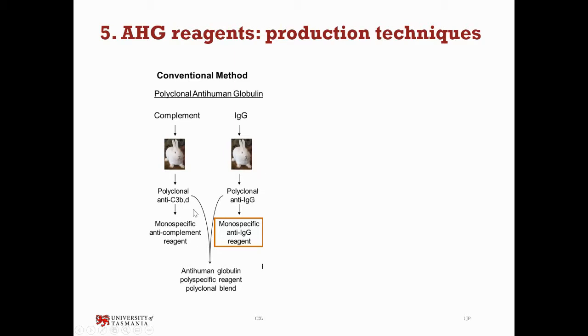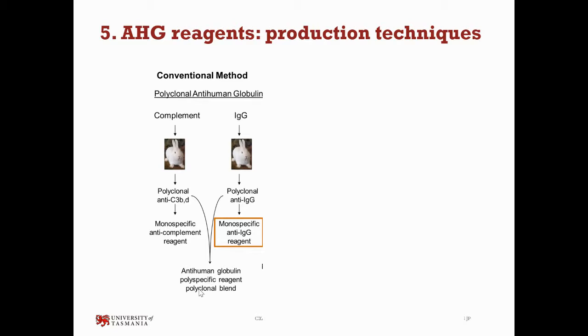And you can see down here that if we just purify the anti-C3b and C3d by itself, we get a monospecific anti-complement reagent. And if we do the same with our anti-IgG, we can get a monospecific anti-IgG reagent. Okay, so from this process we can get monospecific reagents and a polyspecific reagent. Does that make sense?